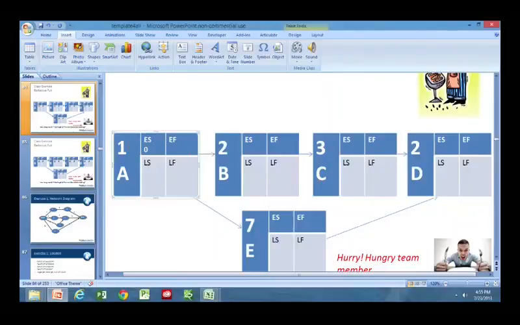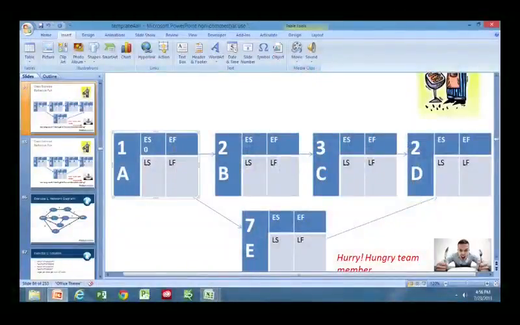Now the duration of activity A is 1. There are different legends in network diagrams. In this legend, we've put the duration to the left. In some network diagrams, you'll have the duration on top. In some examples, like in the PMBOK guide, let me open up the page to tell you what their legend was.